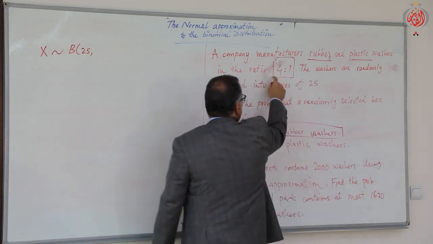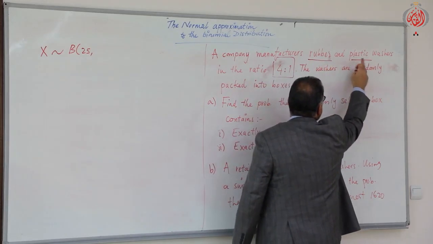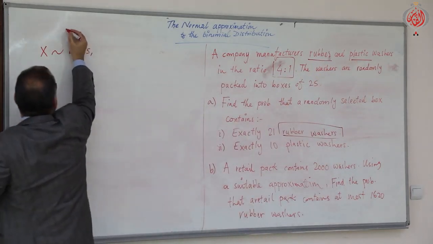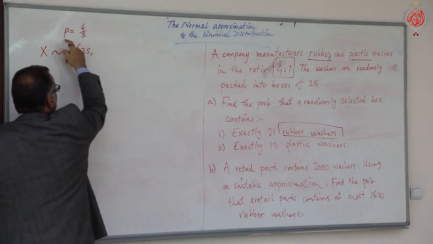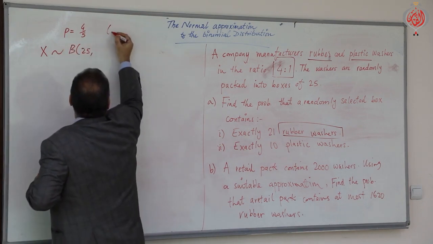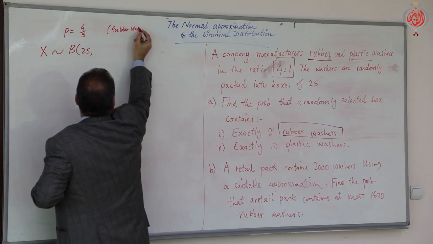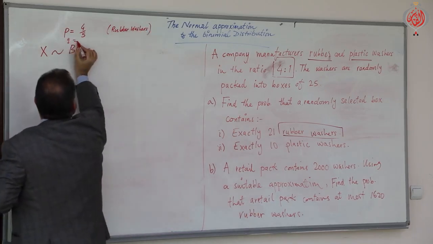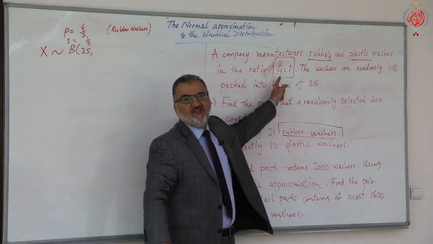According to the ratio, since I have rubber 4 and plastic 1, 4:1, the probability p will be 4/5. This is the rubber washers. And what about q? It is 1 minus that, 1/5. You know how to calculate this if you are given the ratio.